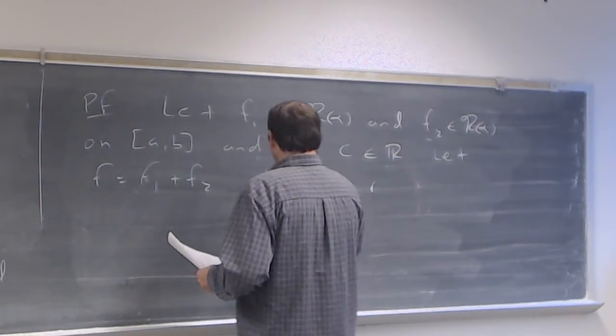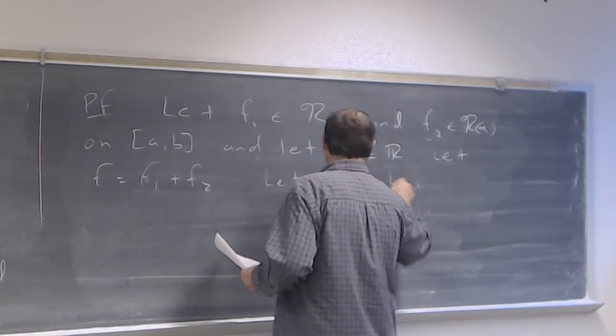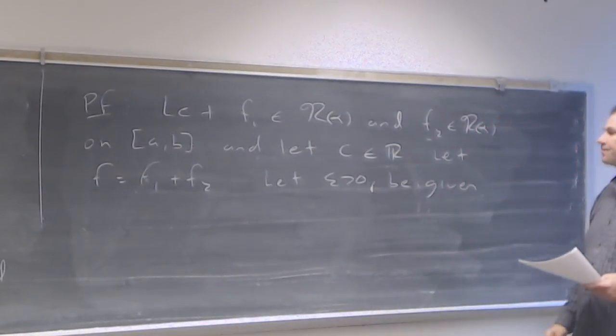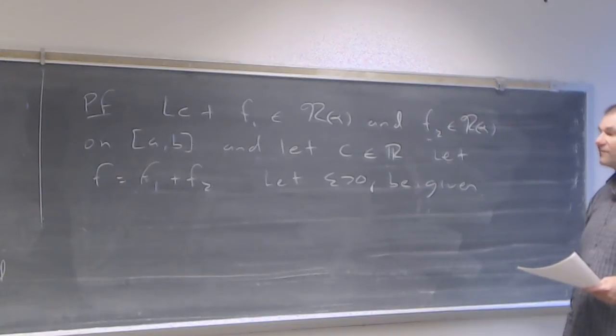We're also going to let epsilon greater than 0 be given. So we can use that criterion of the previous theorem that I just mentioned to show the integrability, or that f itself is Riemann-Stieltjes integrable.